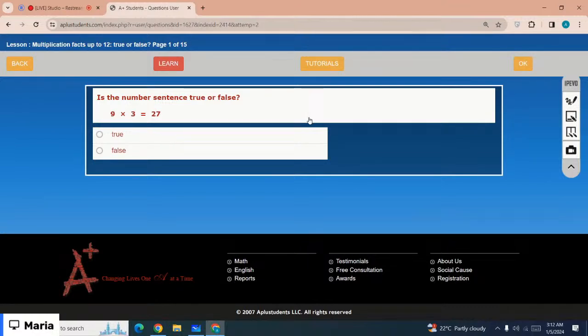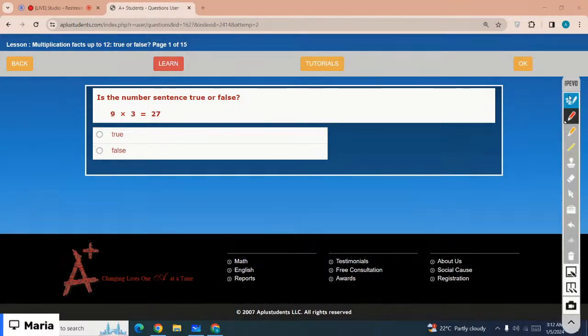Yes, that is true, right? Because 9 times 3 is 27 and 27 is equal to 27. When you solve this side, 9 times 3 is 27. On this side, you already have 27. So they both are exactly equal. So that is true. Got it?